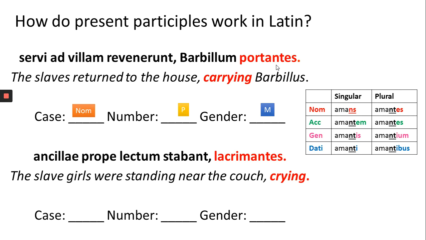Now I'd like you to have a go at this second sentence. Can you work out the case, number and gender of the noun and participle? The participle is lacrimantes. You need to decide who it is describing.